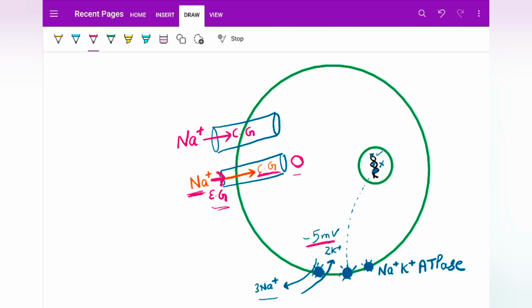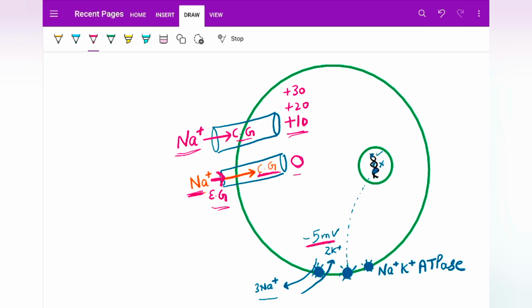So some more sodium comes in, and due to that the inside of the cell will become electropositive, let's say plus 10 millivolt. So sodium will keep on coming in under the concentration gradient power, and the inside of the cell will become progressively more and more electropositive. Let's say plus 20, plus 30.